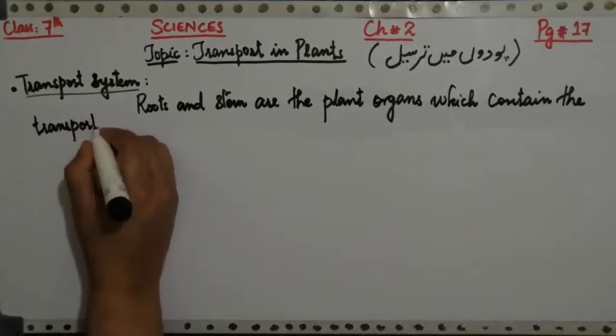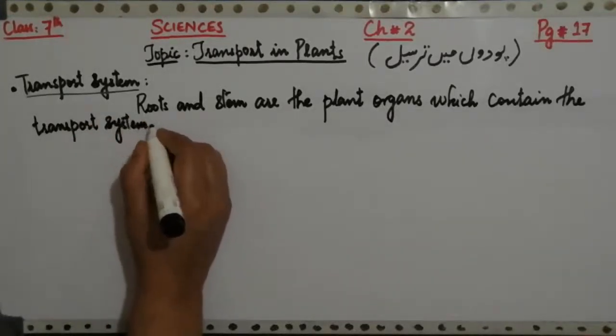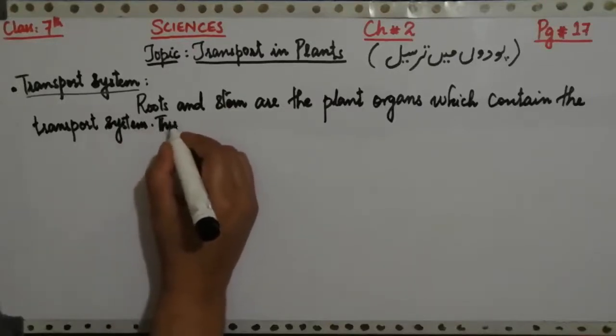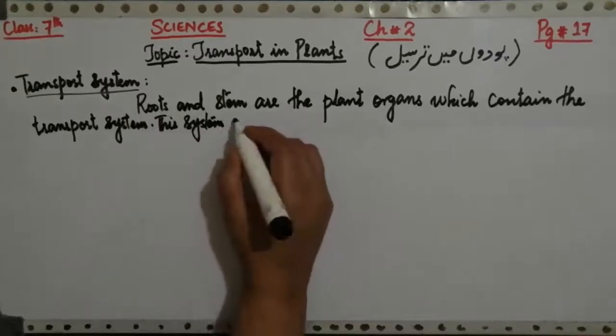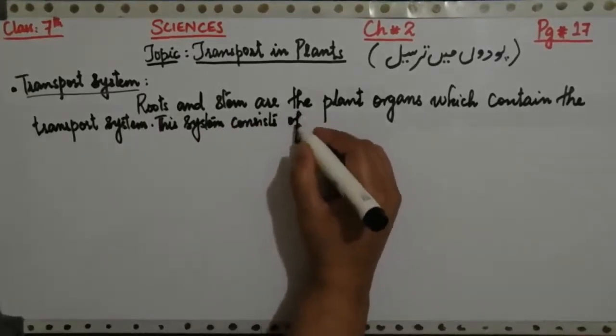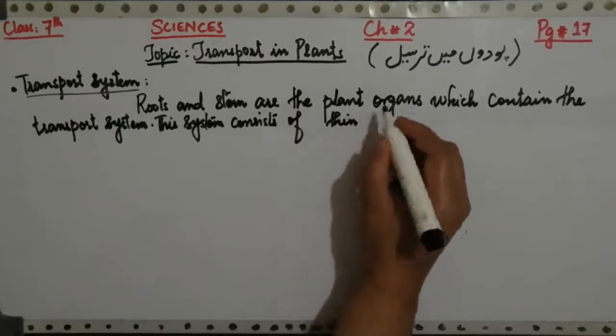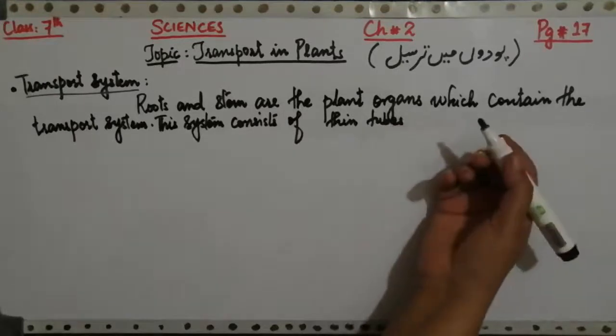And basically the transport system consists of thin tubes, which are basically the tissues present inside the plant.